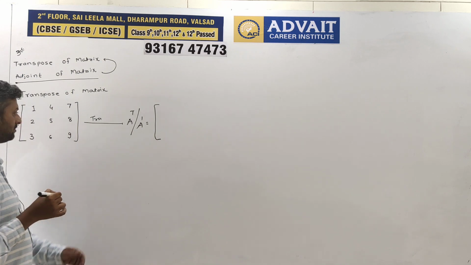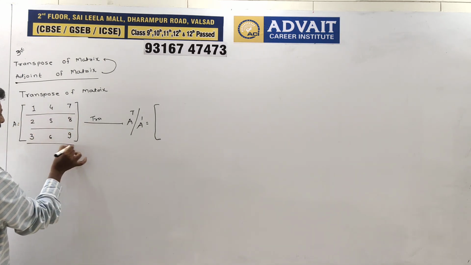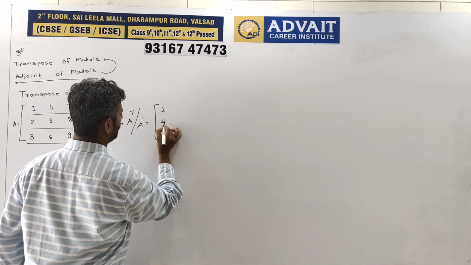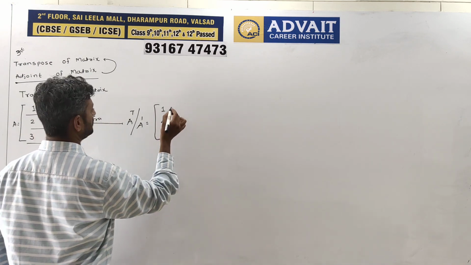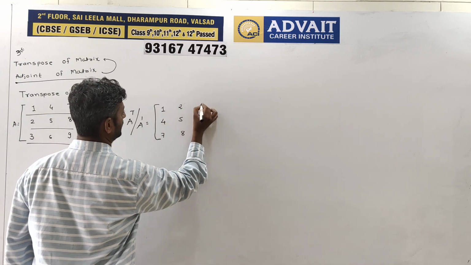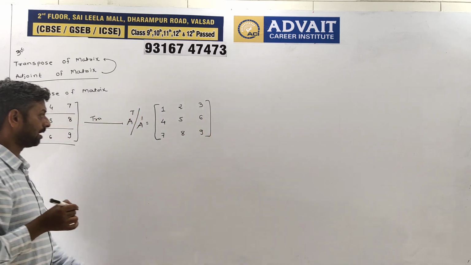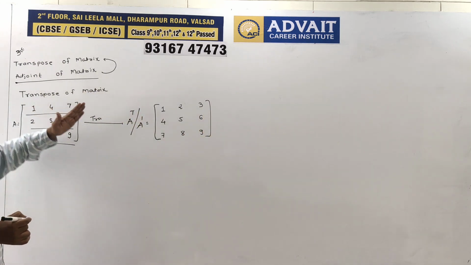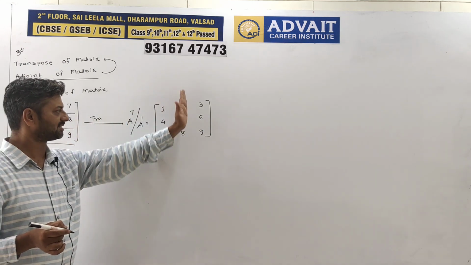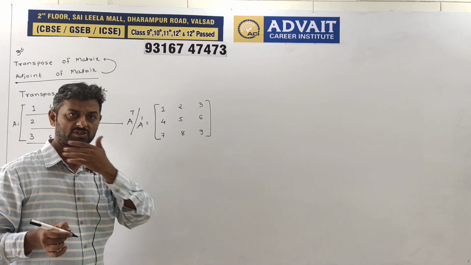Here all rows are converted into columns, meaning 1, 4, 7, 2, 5, 8 and 3, 6, 9. The first row becomes the first column, the second row becomes the second column and the third row becomes the third column.